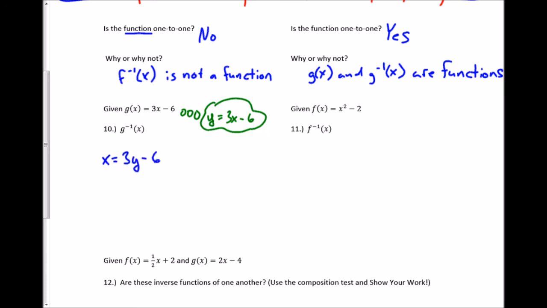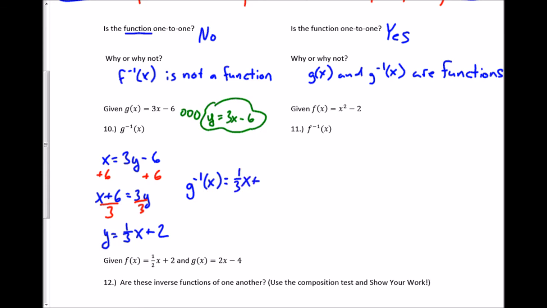We always write equations in terms of y, so I have to add the 6 to each side. That's going to give me x plus 6 equals 3y. I divide each side by the 3. So I find out that y equals 1/3 x plus 2. And then if I want to write this back in my function notation, it's going to look like this. And that's it.